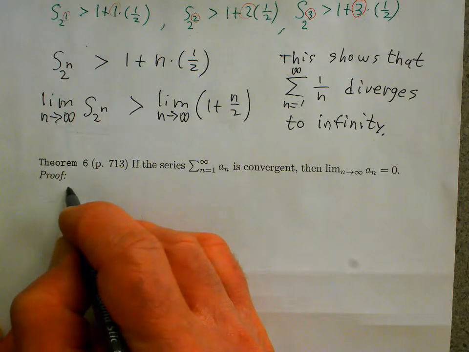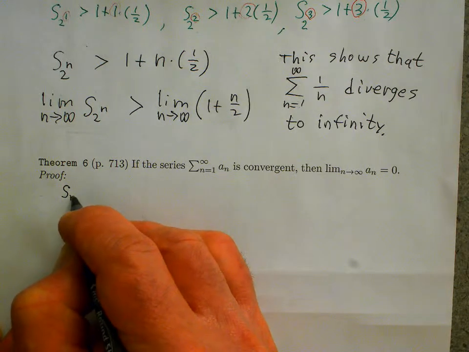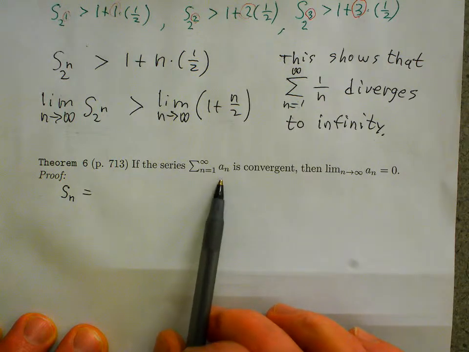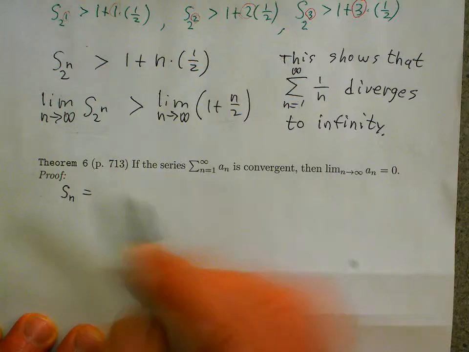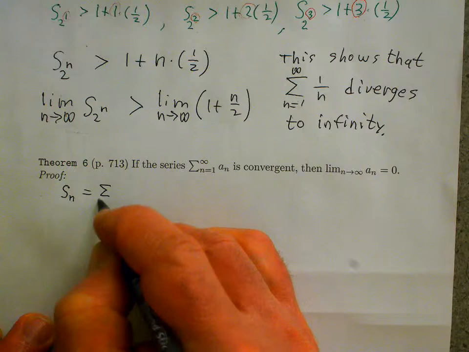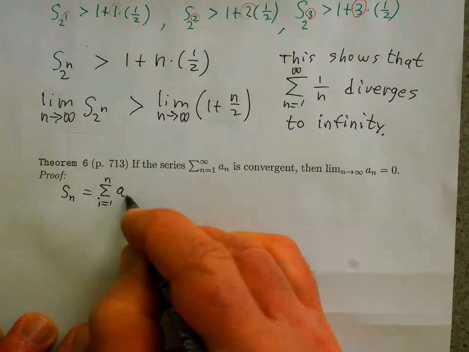So remember the sequence of partial sums, S sub n, is the sum of the first n terms of the series. So S sub n is the sum from i equals 1 to n of a sub i.